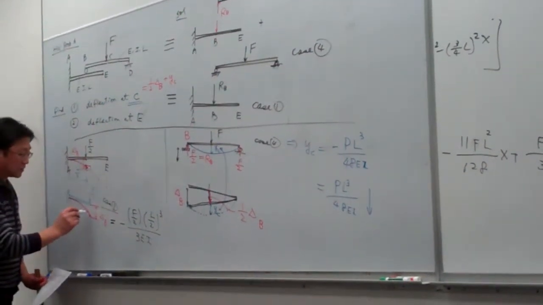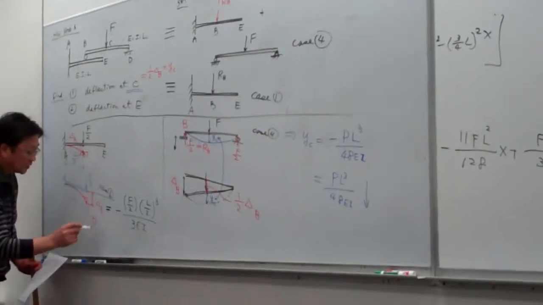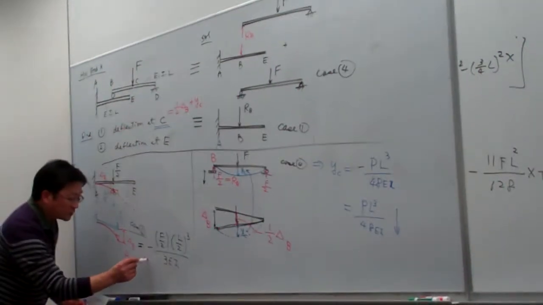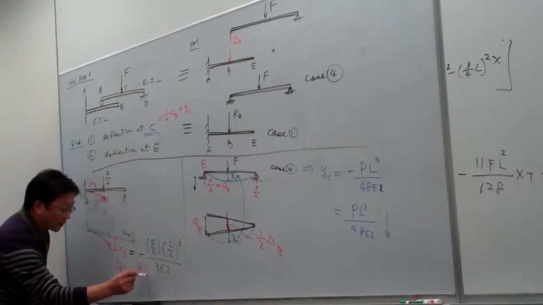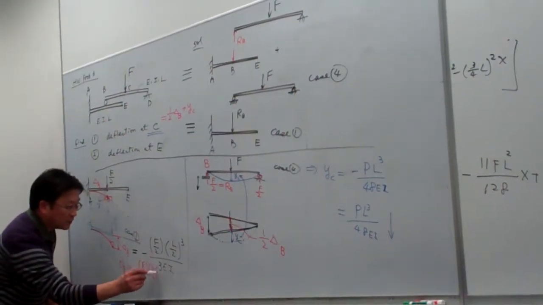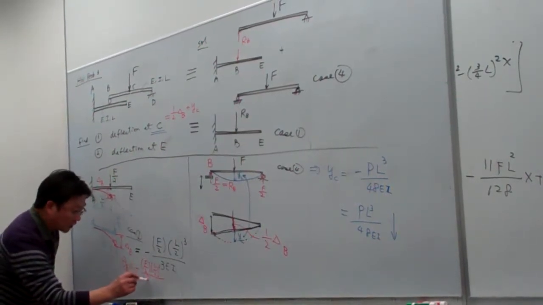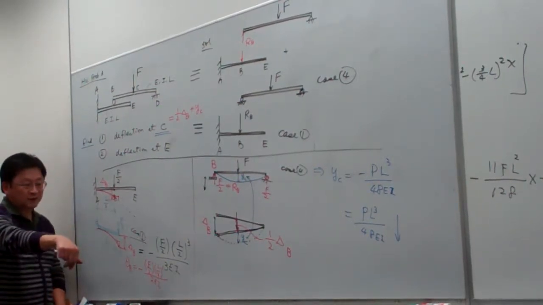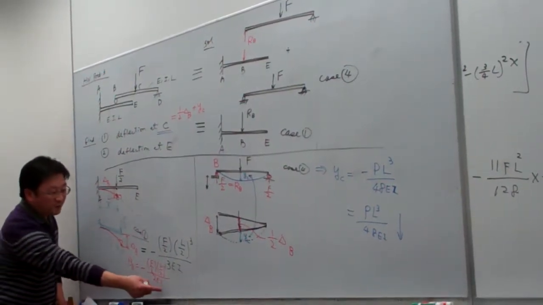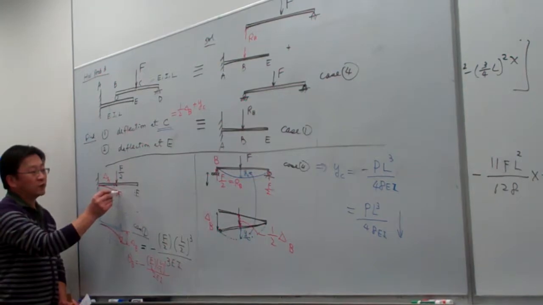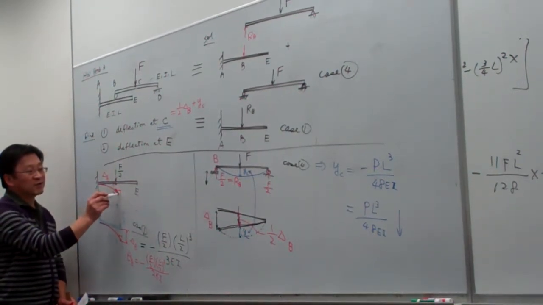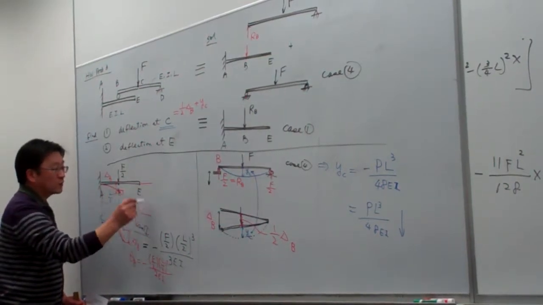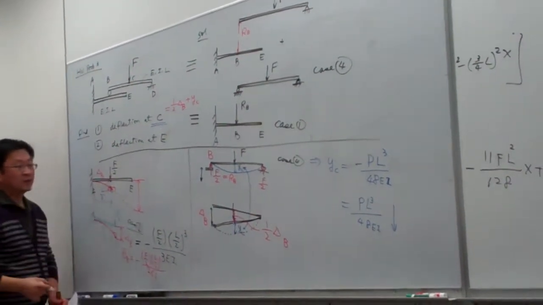Let me call the theta at point B equal to minus force and L squared divided by 2EI. Again, the minus means clockwise direction. So this is the magnitude of the slope. Once we know the magnitude of the slope, we just extend it into a straight line, so you should be able to calculate deflection easily.